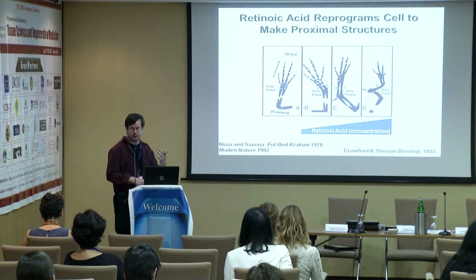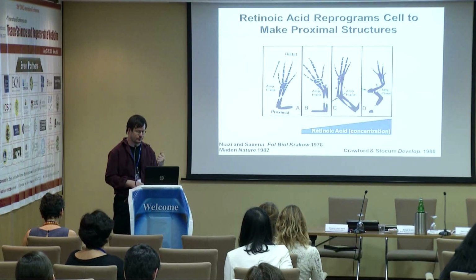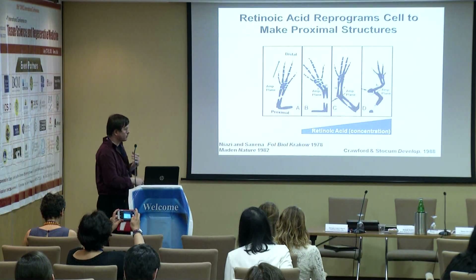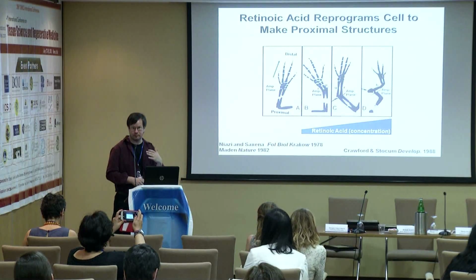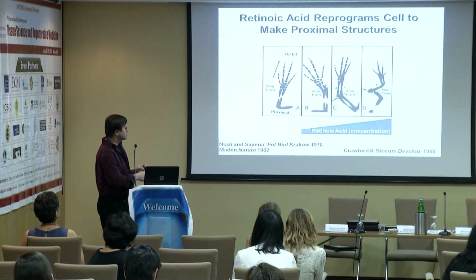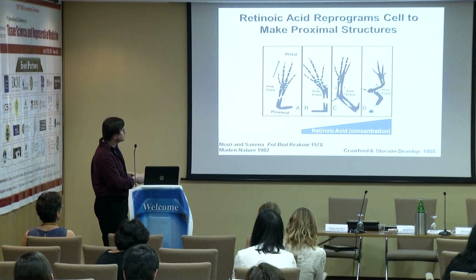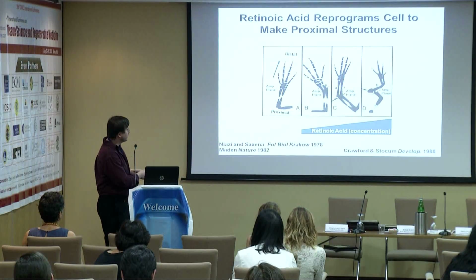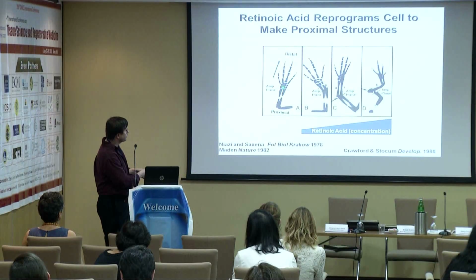So then the question is, what molecular mechanism might be involved? Now, it was shown in the 70s and early 80s that retinoic acid is a major molecular mechanism which is involved in regulating positional information. So that, for instance, if we take these salamander limbs, which also regenerate their limbs, if you amputate at the wrist, you normally will get a regeneration of the complete hand from the wrist.